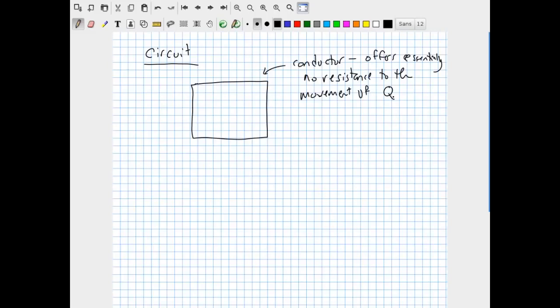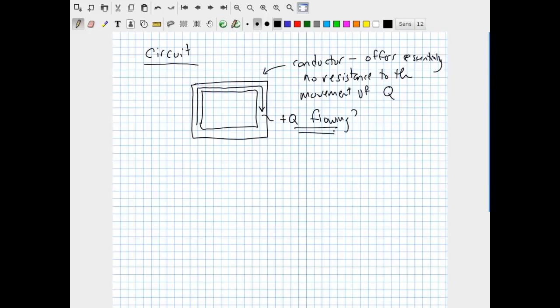Circuits will be made from conductive material, and you can think of them as pipes. And if we imagine the copper or aluminum wires that usually make up a typical circuit as pipes that can carry electric charge, what we're going to be interested in knowing is what direction is positive charge plus Q flowing in the circuit.